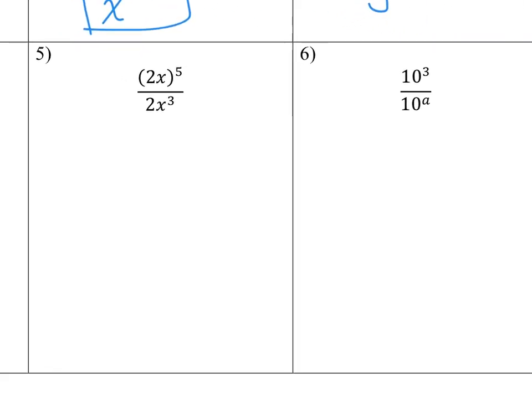All right, here we go. So we have power to a power. Now, I should take care of the top first because it has an exponent. We just still follow the order of operations. So I just make sure each one of these has an exponent. So it would be 2 to the 5th power, x to the 5th power. Nothing happens on the bottom yet, but there we are.